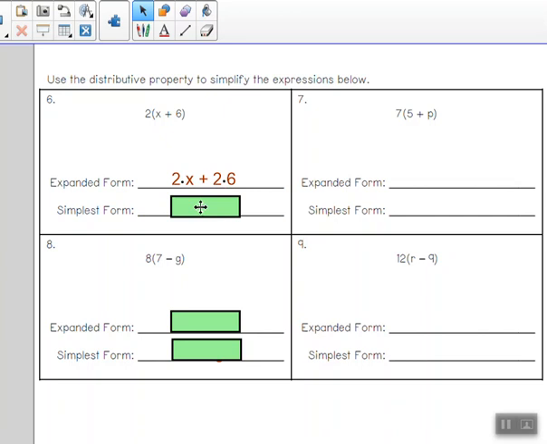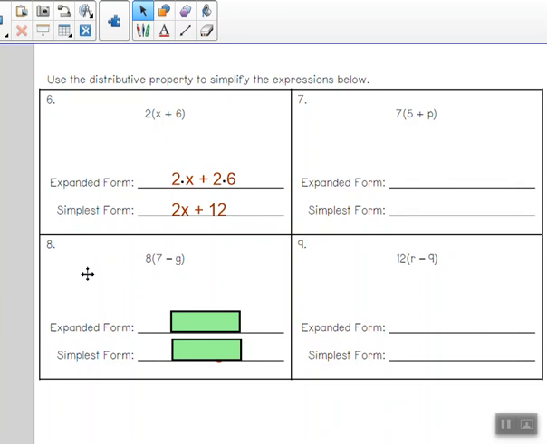Well, what if I get rid of those multiplication signs and actually do something with them? That would be 2x, and that would be 12. Now, I have to stop there because I can't go any further. I can't add these because this one has an x and that one doesn't, and they're different terms, so I'm not allowed to combine them yet. So I stop there, 2x plus 12. That's as far as I can go.